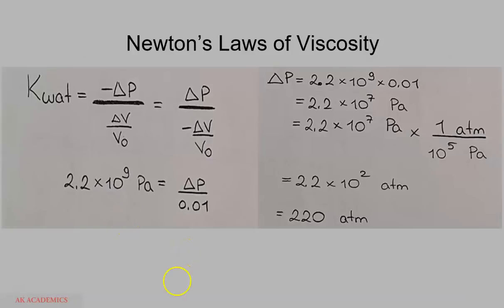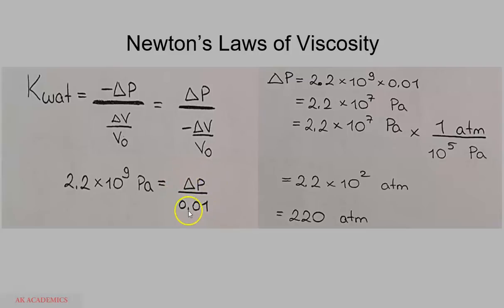We do know that bulk modulus of water is equal to minus delta P over delta V over V naught, which is change in volume with respect to initial volume. We can rewrite it just as it is here, and that gives us 2.2 times 10 raised to the power 9 Pascal, equal to delta P over 0.01.